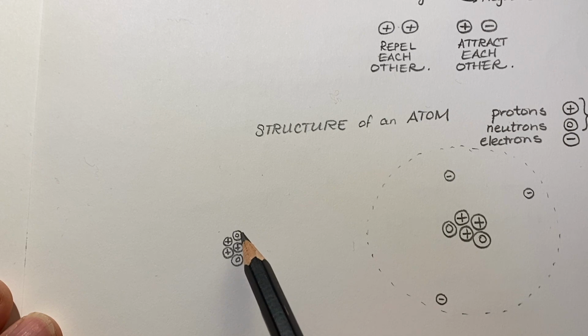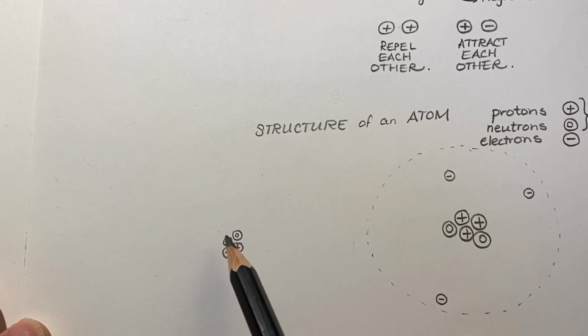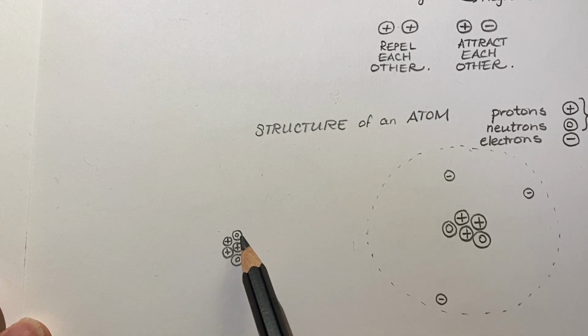Okay, so you don't need to worry too much about them, or worry about, oh, how can I figure out how many neutrons there are, until you get deeper into chemistry. So, just for understanding what an atom is, just knowing that there are neutrons is really all you need to know right now.